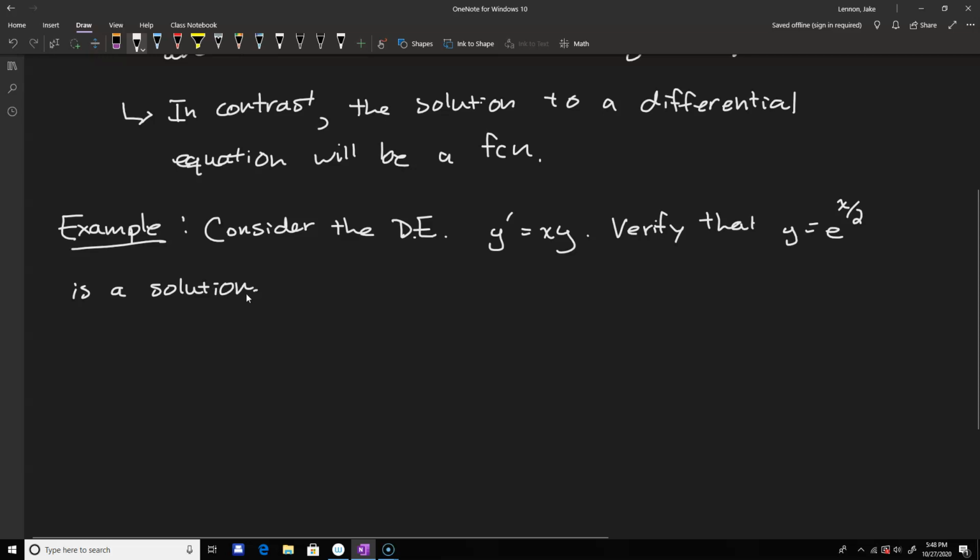So in this case, x is acting like our variable, y is acting like our function. It's given by a formula in terms of x, and y prime is actually a derivative of that function.